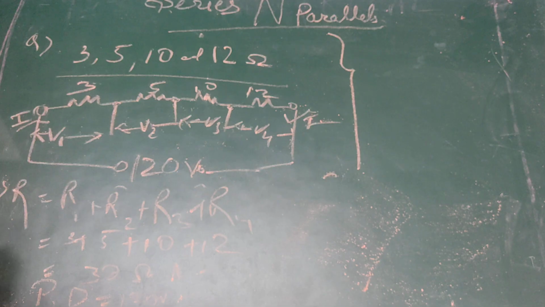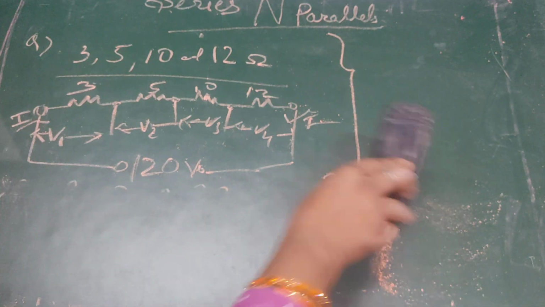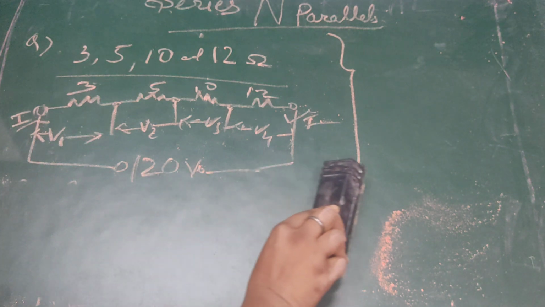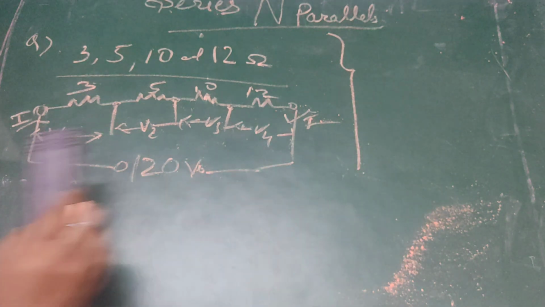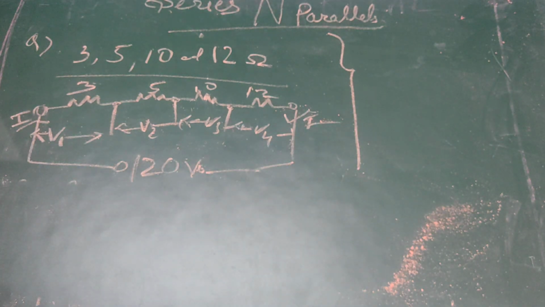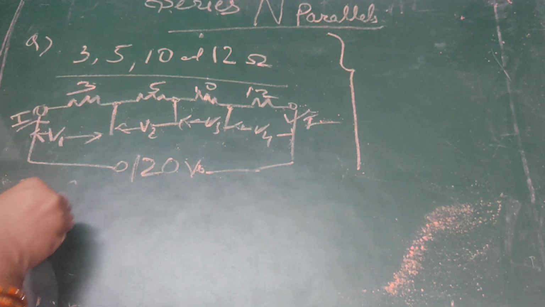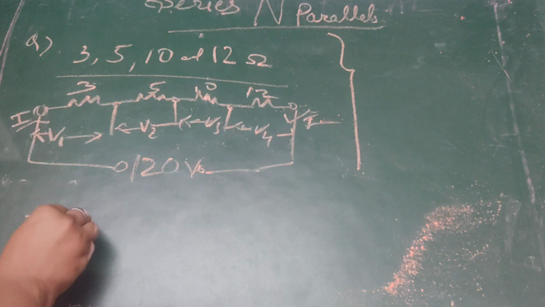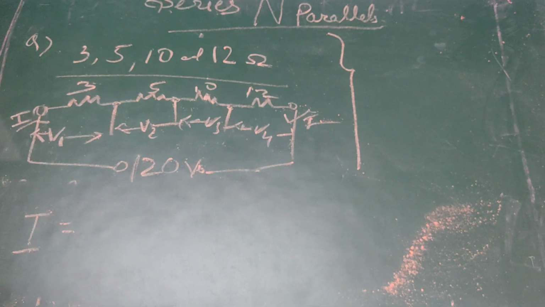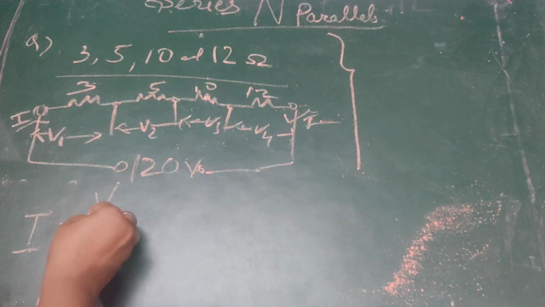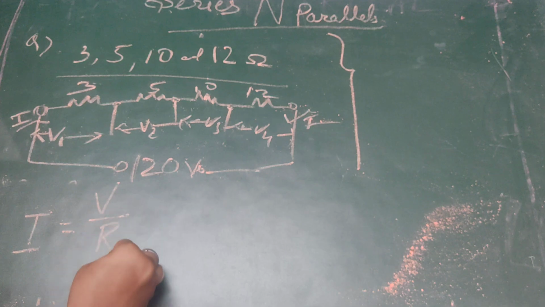Now we'll go for the second part, the current flowing through the circuit. I equals V by R from Ohm's law.